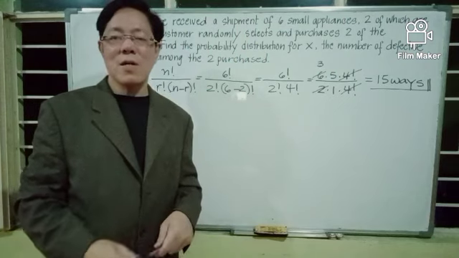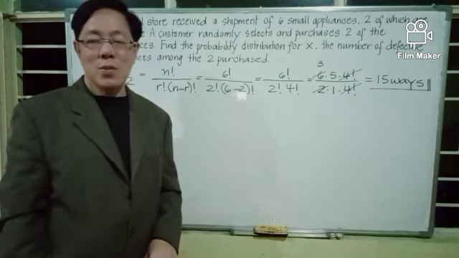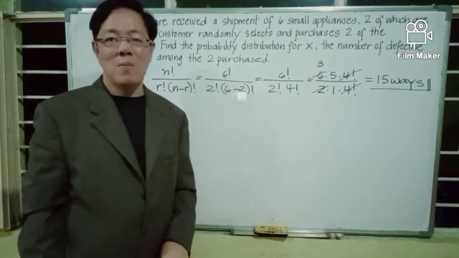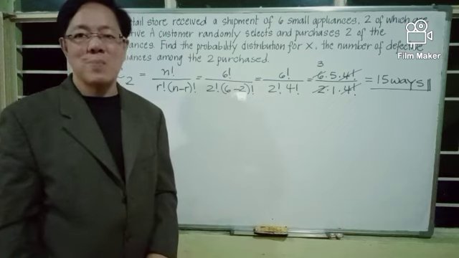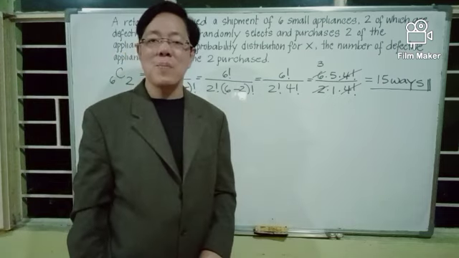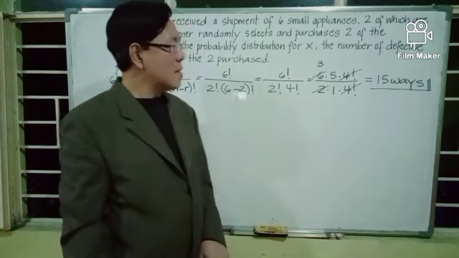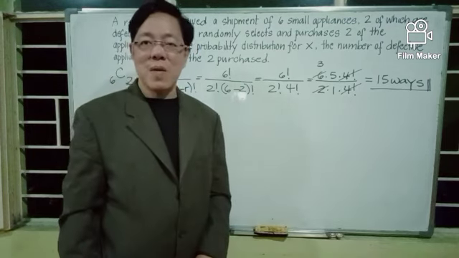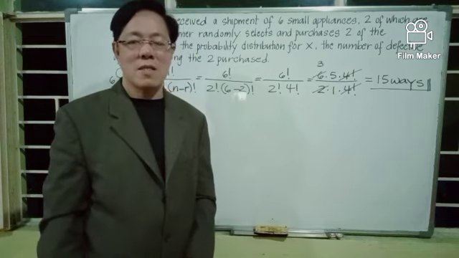This means that there are 15 ways in which the customer can select 2 appliances at random from 6 small appliances. And these 15 ways correspond to the 15 events of selecting 2 items at random from 6 appliances.